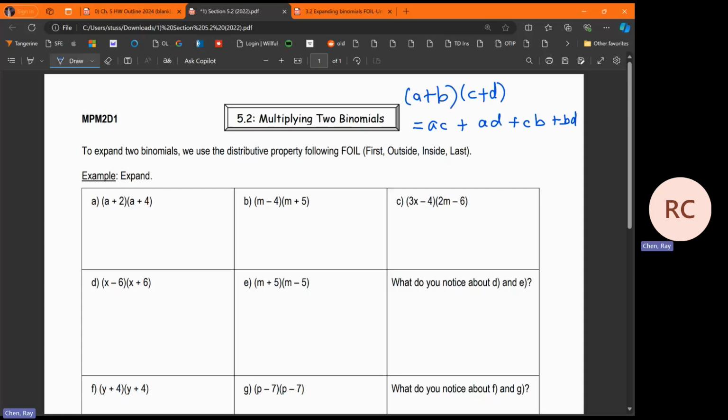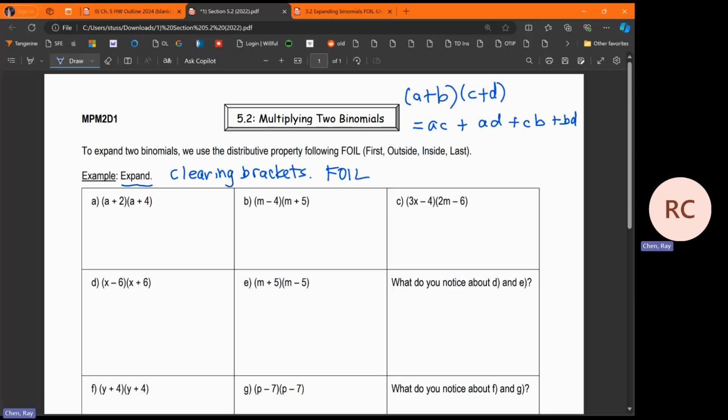Some of you might be concerned about how you write the numbers, but that's okay. Multiplying or expanding is also known as clearing brackets. You could also think of it as this technique called foiling.